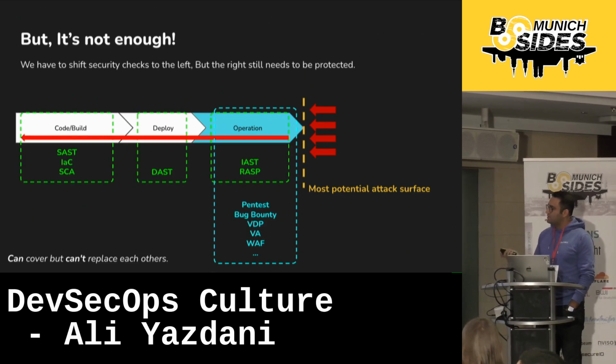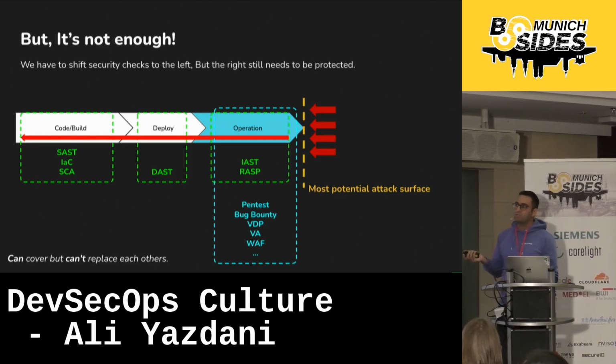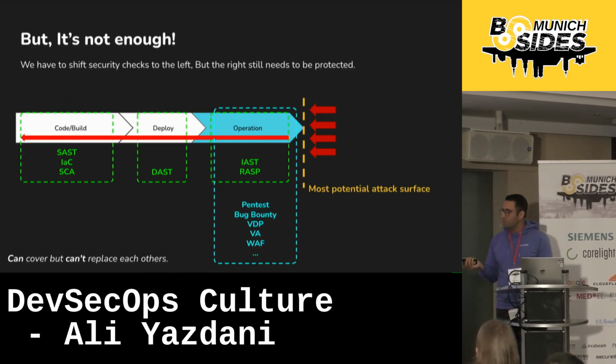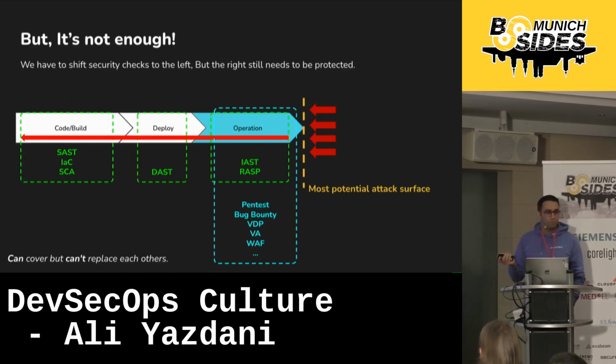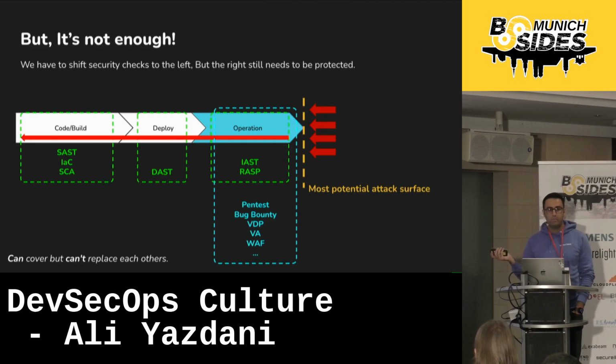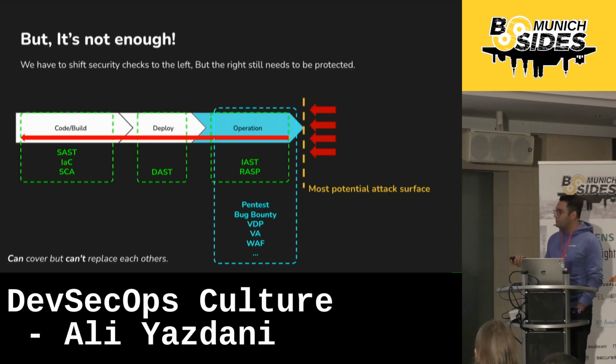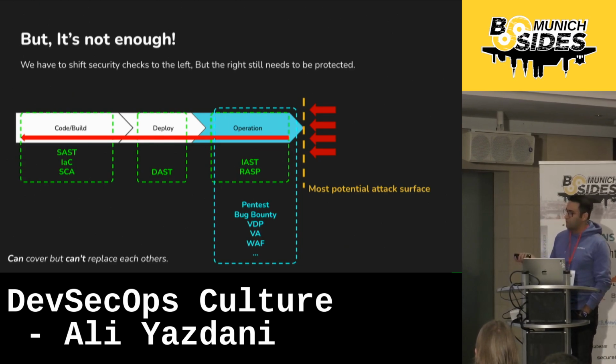Because this is the place where every person is able to see our products. If we have a private Git repo, they cannot access the code. But when we have an application, whether a web application or a mobile application, everybody can meet it and find some vulnerability. So the right side is still an important part.